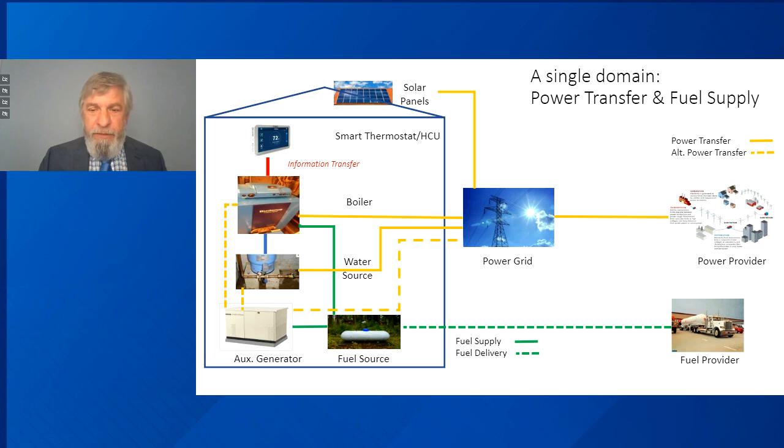The next part is, what about the fuel for the auxiliary generator? Well, that's going to be needed when the power grid goes down. So you always have a fuel source in the backyard and a fuel provider that has to do the fuel delivery. And then the fuel source can power up the auxiliary generator and provide power to the boiler.